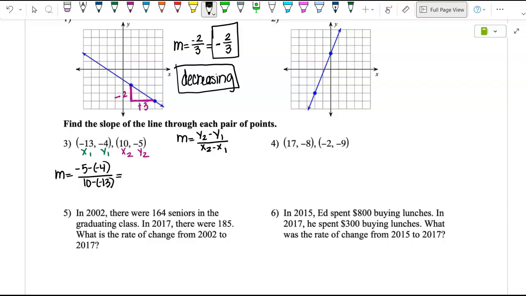I have double negatives in both the numerator and denominator, so those end up being positives. So -5 plus 4 is -1. 10 plus 13 is 23. So the slope here is -1/23.